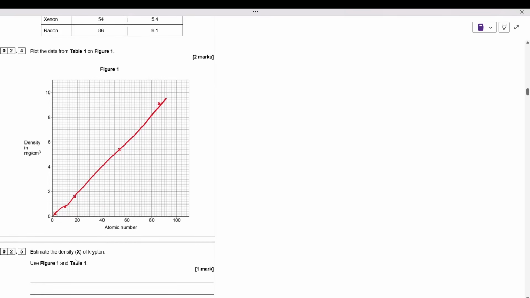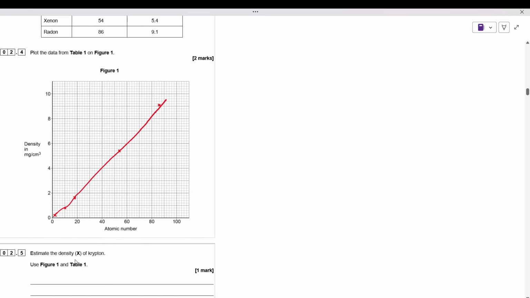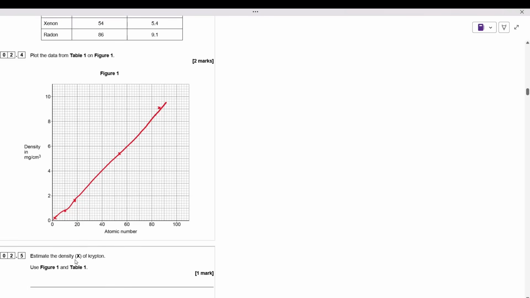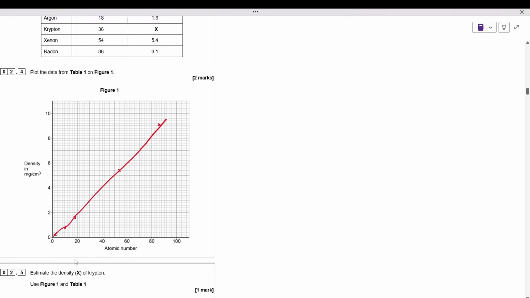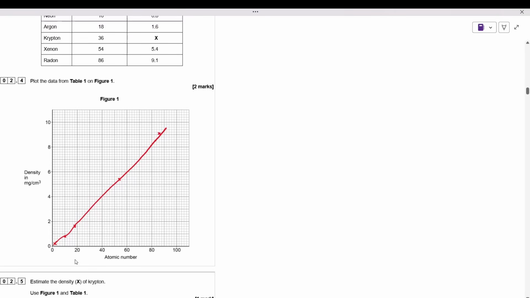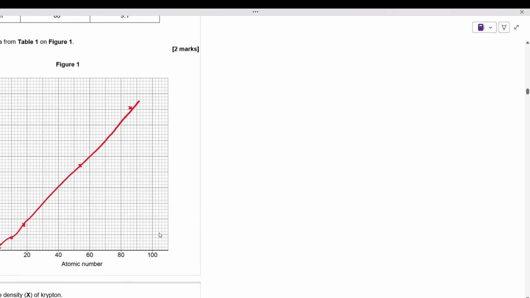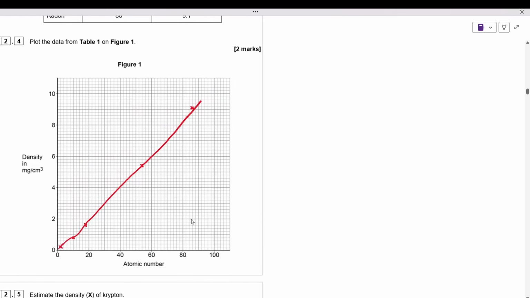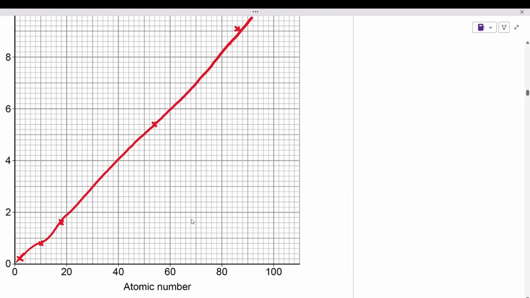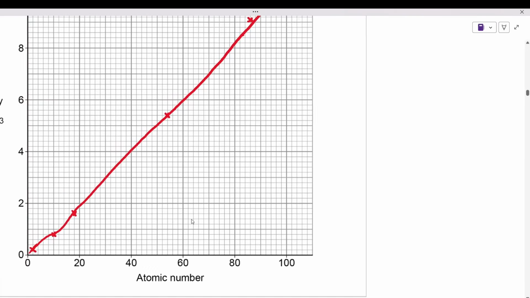So 2.5 says we're going to estimate the density of krypton using the figure and the table. We're just going to use the figure to do this. It says the atomic number of krypton is 36. So I'm going to zoom in on my graph, and look for 36.